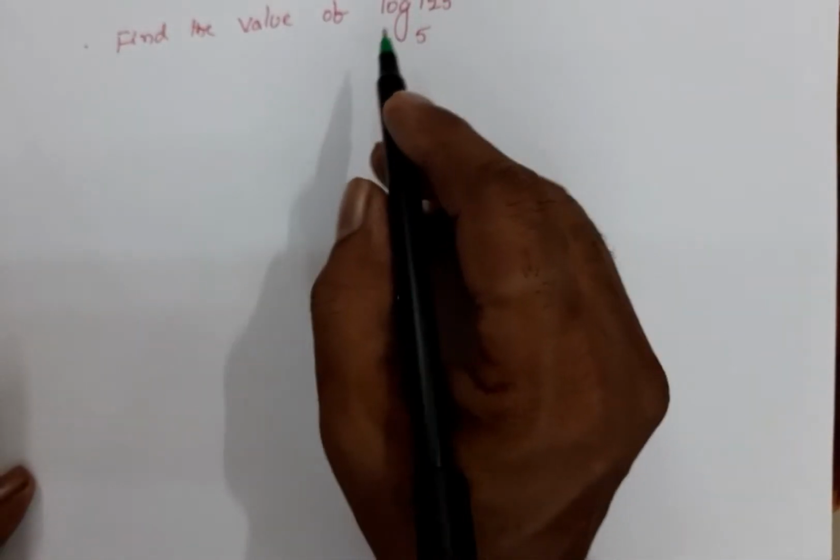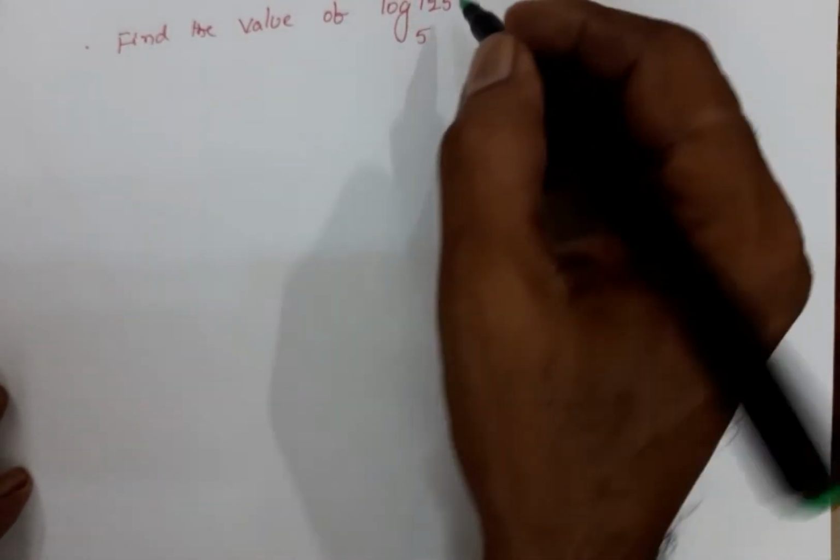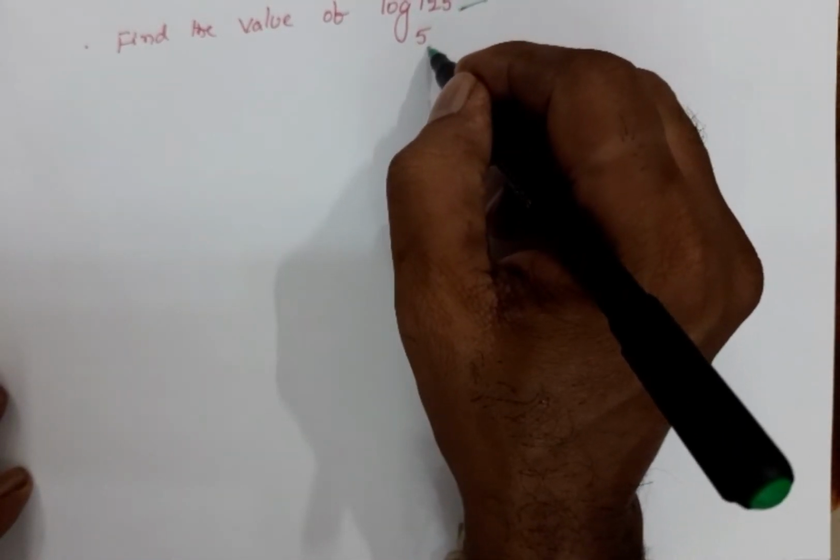Let us solve some examples. Find the value of log 125 base 5.